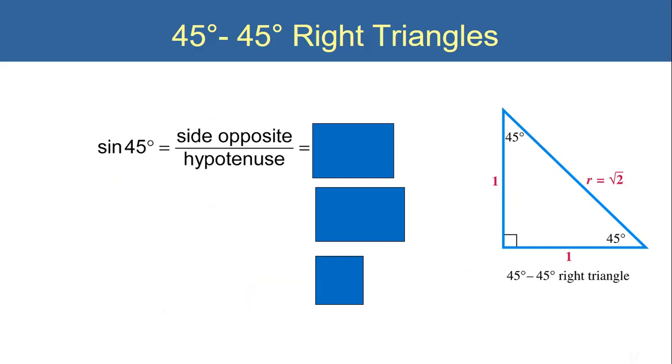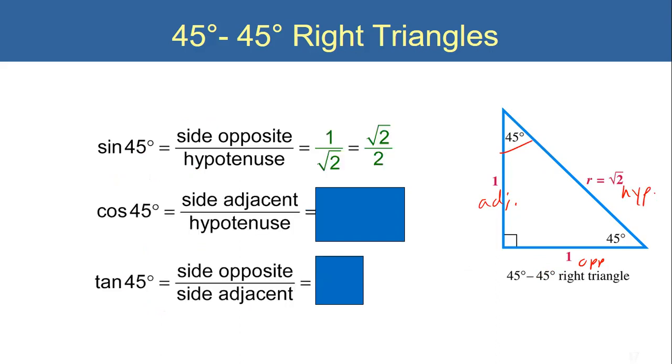So first up, it doesn't matter because the opposites and adjacents are the same. So it doesn't matter if you're using this angle or that angle. Either way, it's still going to be a 1. Oh, look at you. You did it. What is the cosine of 45?